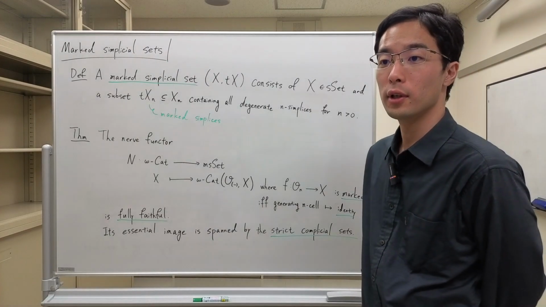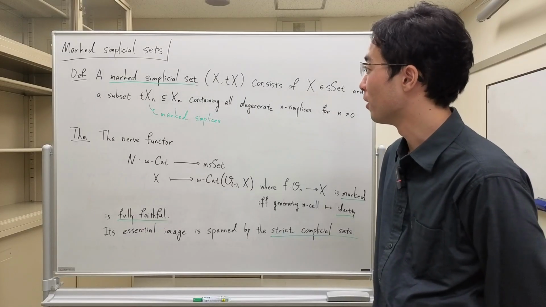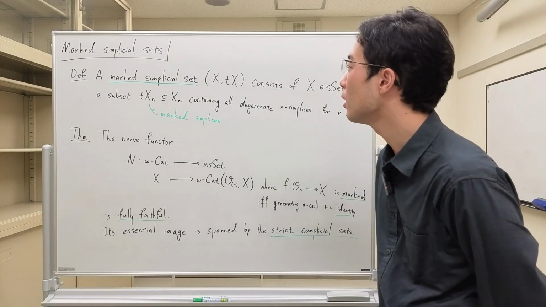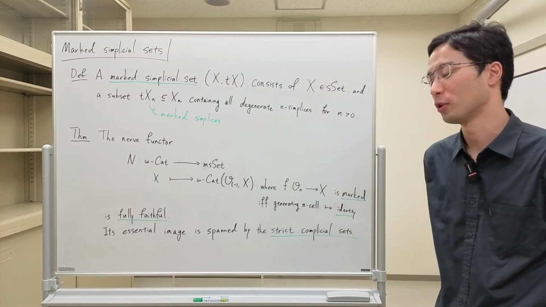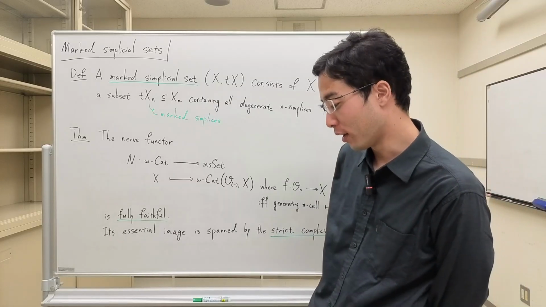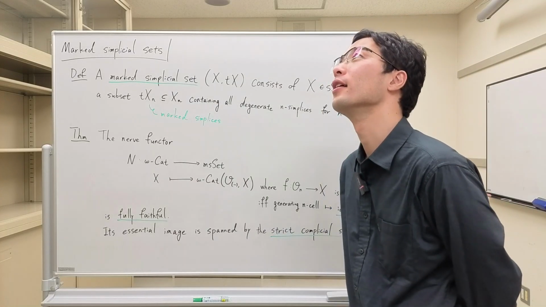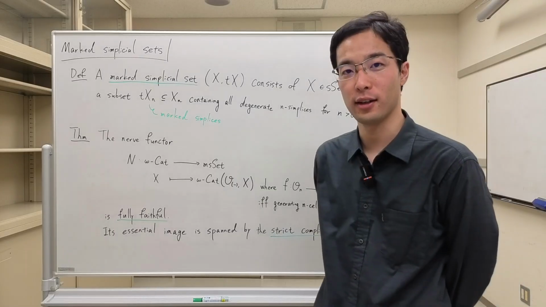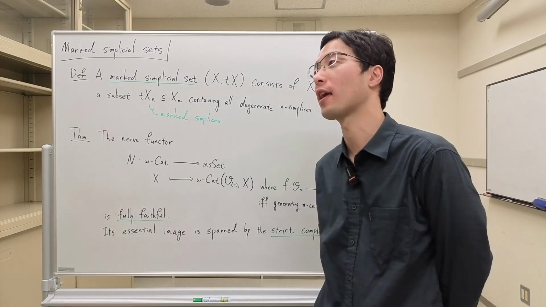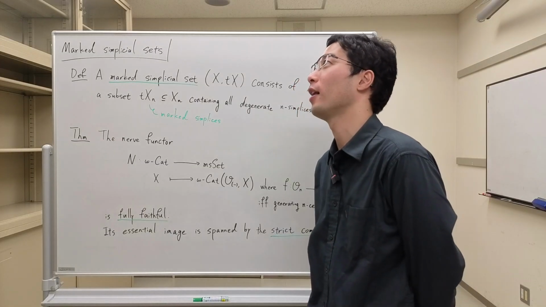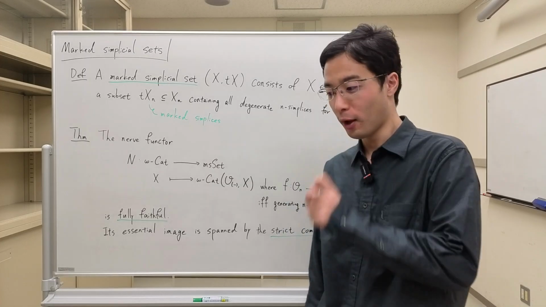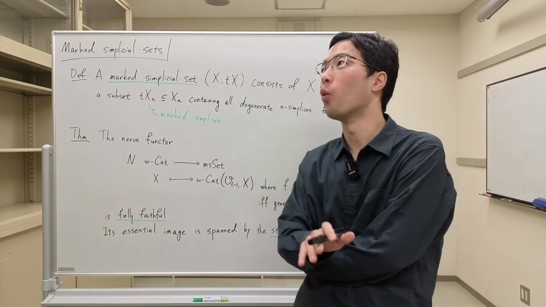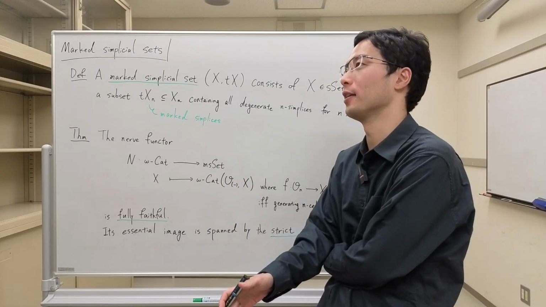Alright, so in this video I will continue talking about the nerves of strict omega categories. In the last video I talked about what the orientals are and how mapping out of these orientals gives you a nerve functor out of the category of omega categories into the category of simplicial sets, but it is not full because the nerve of an omega category doesn't remember which of the simplices correspond to the identities.